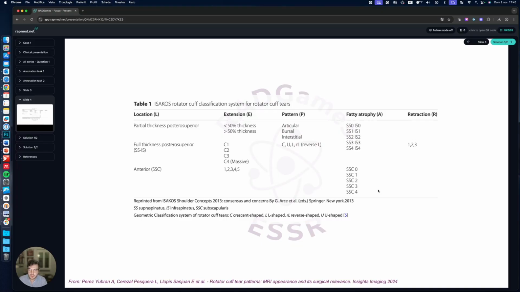I think it's nice to know it since it's very common among orthopedic surgeons, and this classification does not consider, as said, myotendinous junction injuries and delaminating tears.